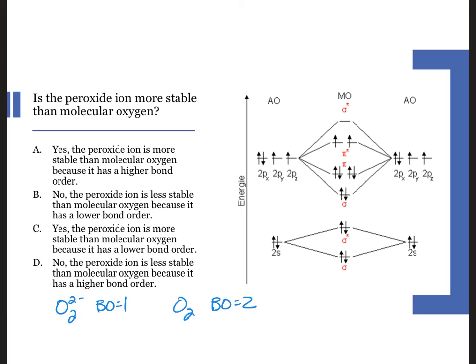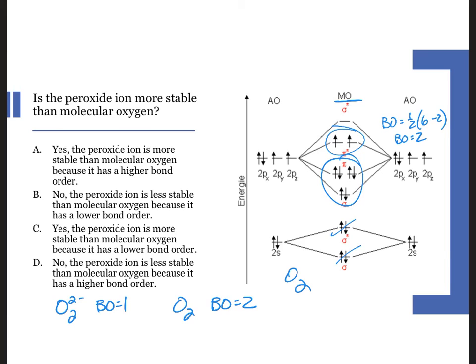We can go through here and see that these two cancel each other out. This is the molecular orbital for O2, and our bond order is 1/2. We've got 6 electrons down here, minus 2 in the anti-bonding. So yes, our bond order is definitely 2.